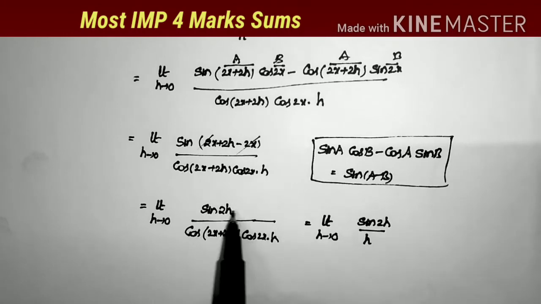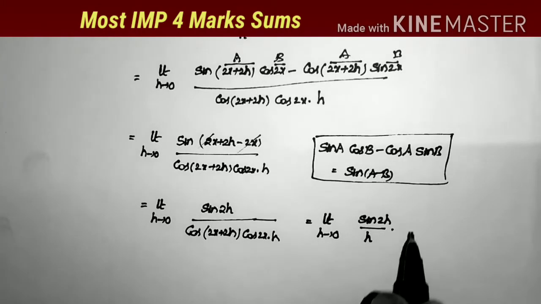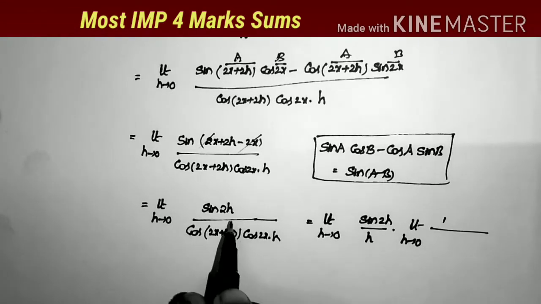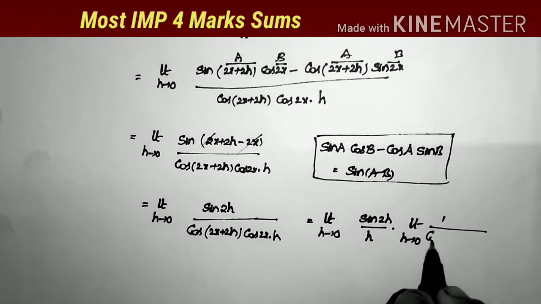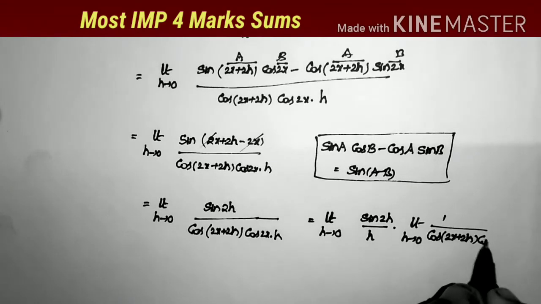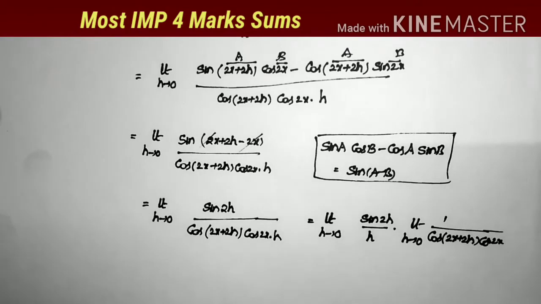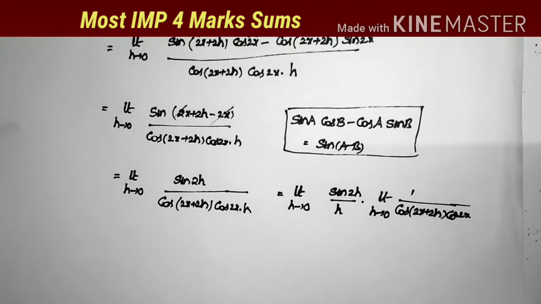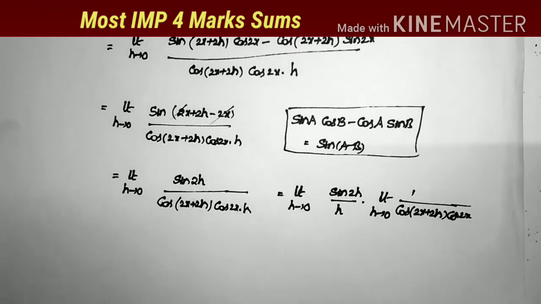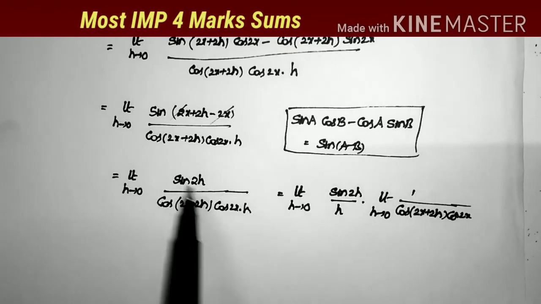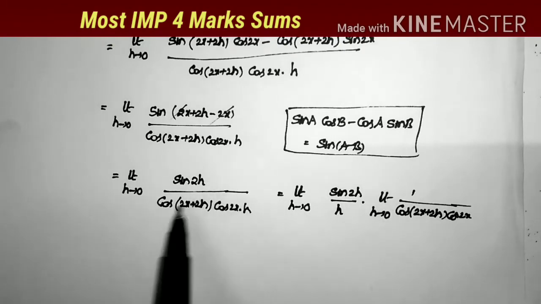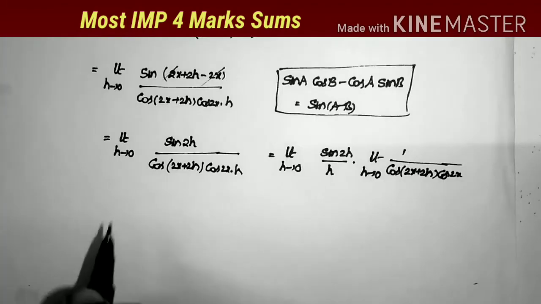So this is limit h tends to 0 of sin 2h by h, into the remaining values, cos of 2x plus 2h into cos 2x. Separating the limit and the fraction like that: limit h tends to 0 sin 2h by h, and the remaining value, limit h tends to 0 of 1 by cos of 2x plus 2h into cos 2x.